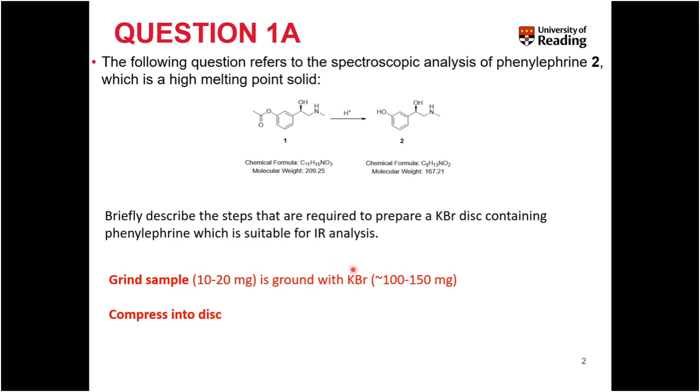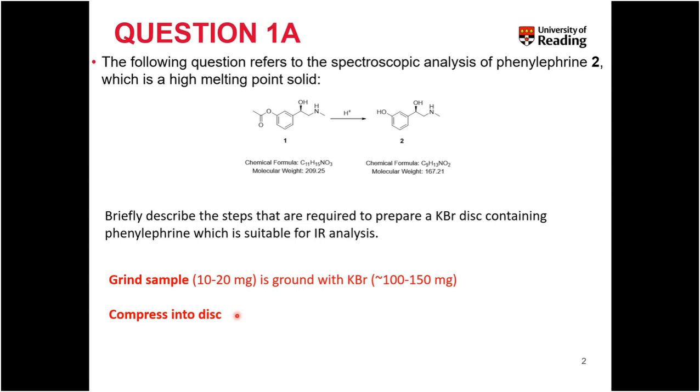And for this answer, you need to give an indication of the quantities required. So 10 to 20 milligrams of sample and 100 to 150 milligrams of potassium bromide. These are ground together and then you compress these into a disc. I would not expect you to put in additional details such as requiring a 10-ton press or needing to add your sample to a die before it is compressed.